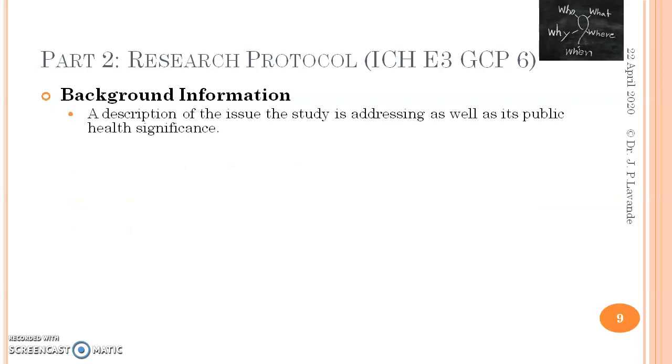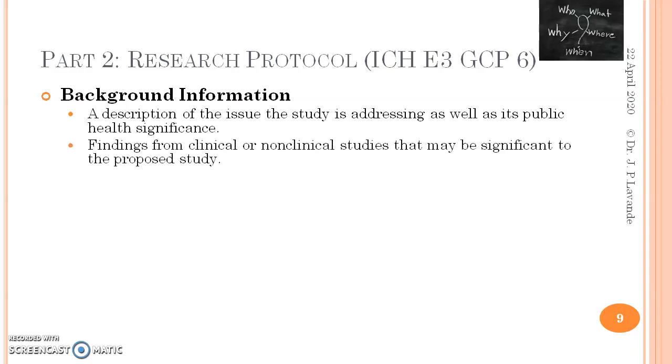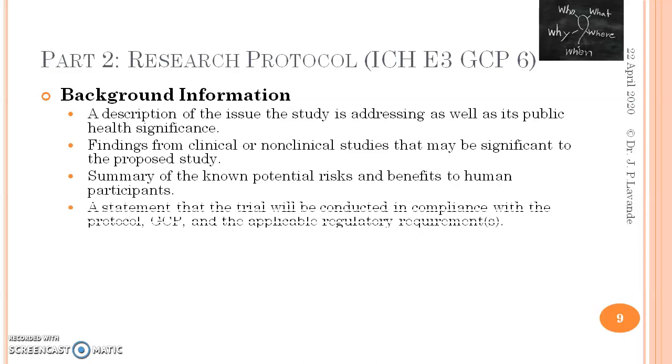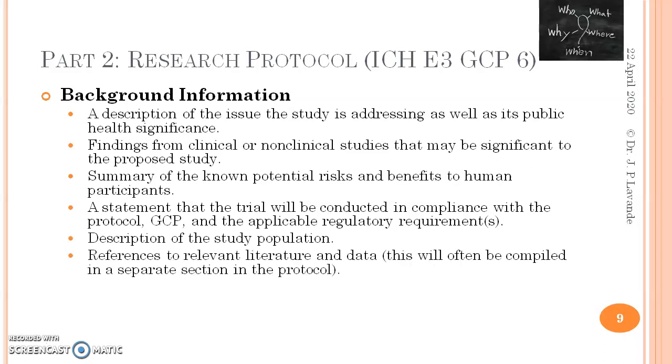The background information associated with the clinical research protocol consists of a detailed description of the issue the study is addressing as well as its public health significance, findings from clinical and non-clinical studies that may be significant to the proposed study, summary of the known potential risks and benefits to human participants, a statement that the trial will be conducted in compliance with the protocol, GCP and the applicable regulatory requirements, description of the study population, references to relevant literature and data.